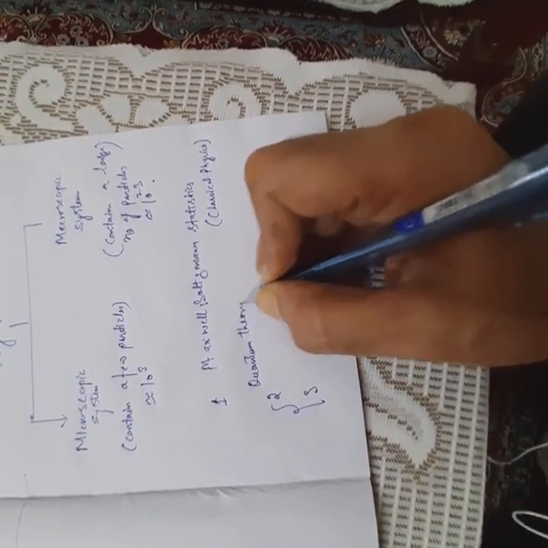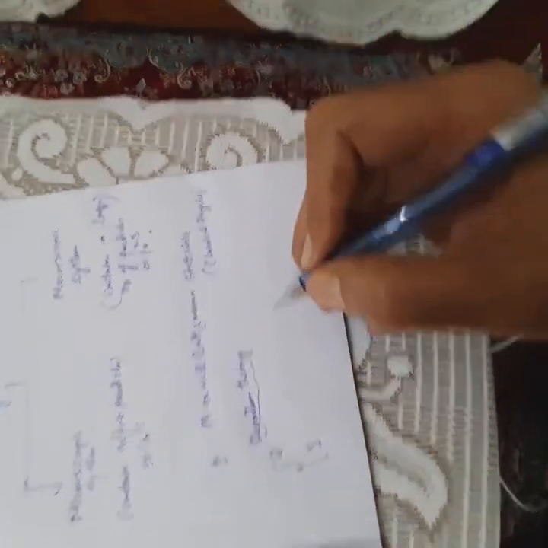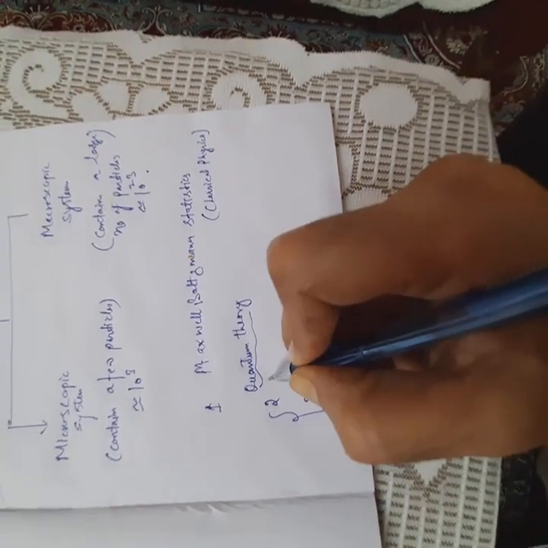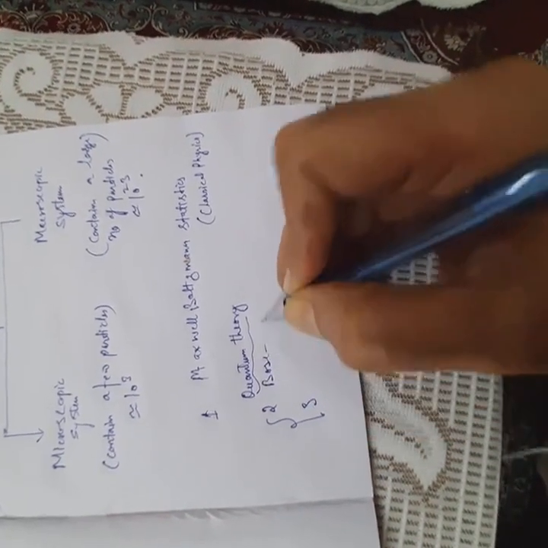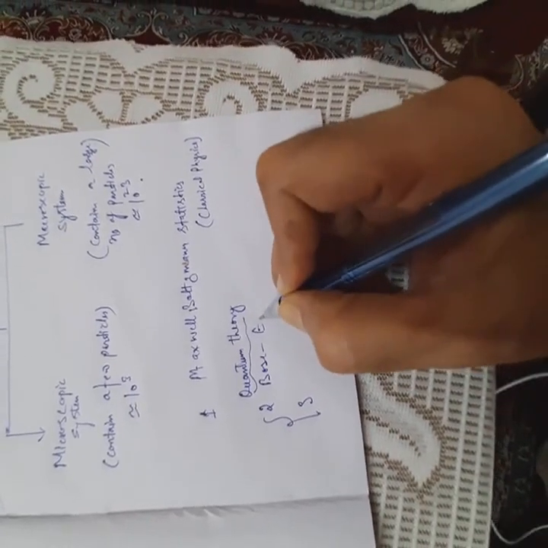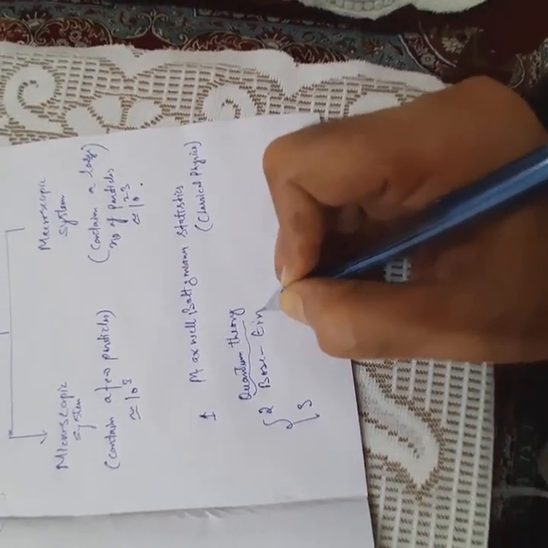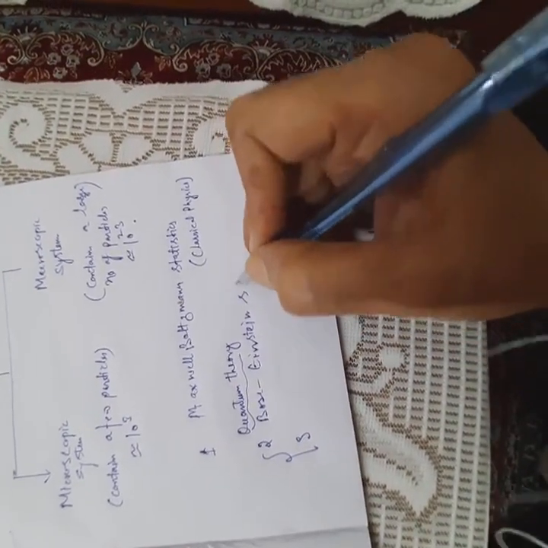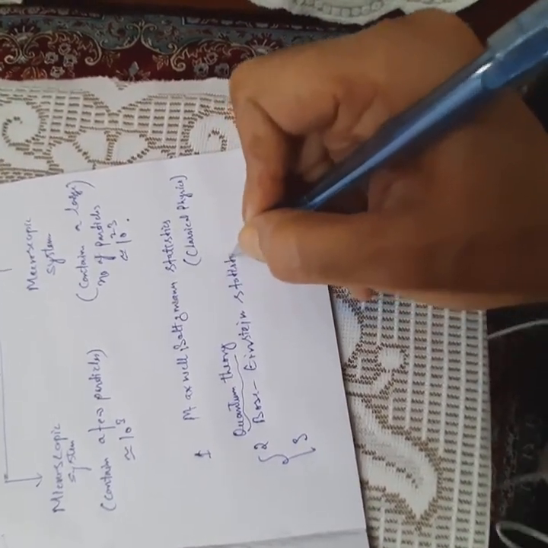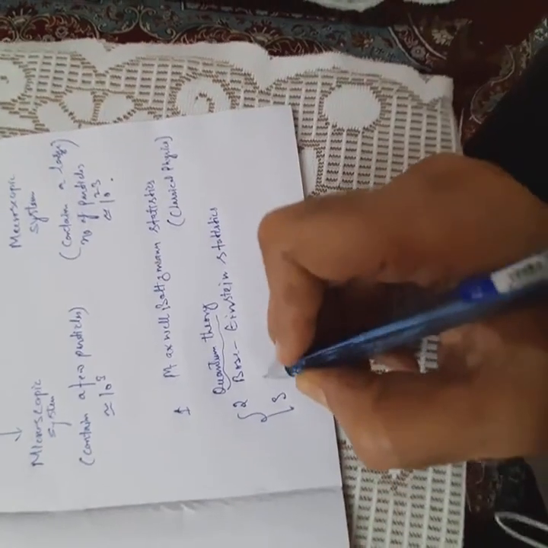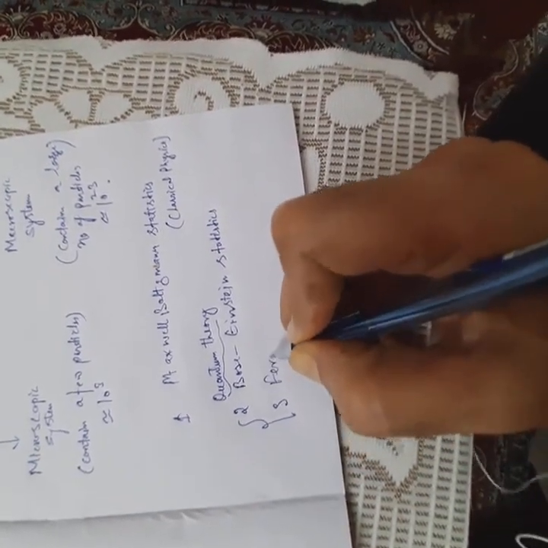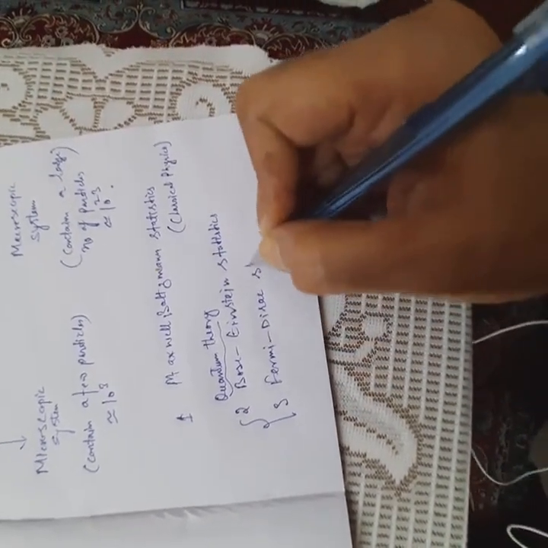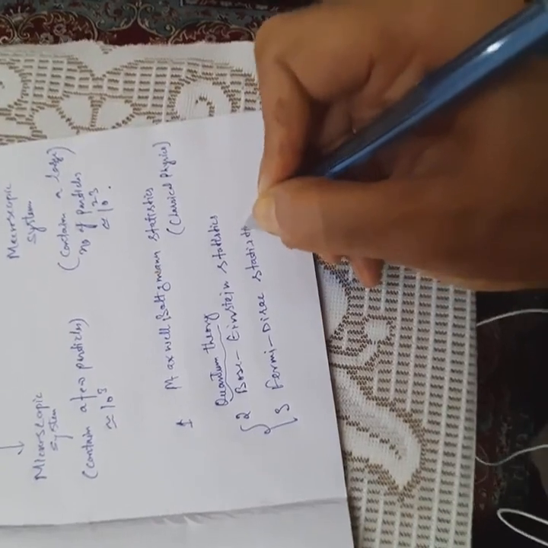The second one is Bose-Einstein statistics, and the last one is Fermi-Dirac statistics.